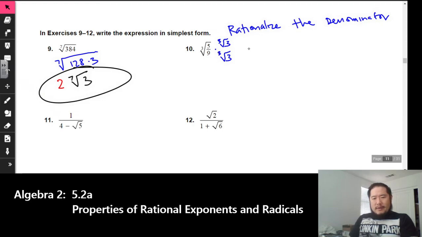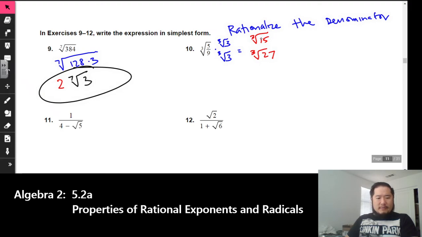Why do I do that? Because if I multiply this together, take a look. My denominator becomes the cube root of 27. My numerator becomes the cube root of 15. Okay? I now right here could take the cube root of 27.